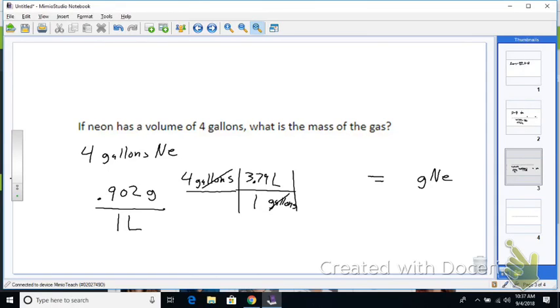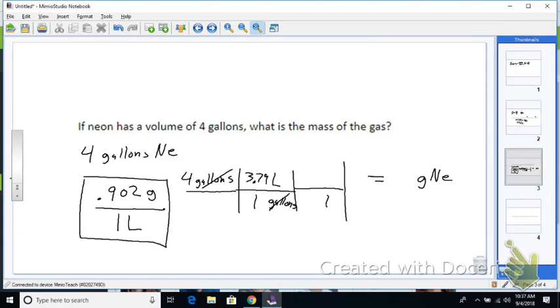Okay, so now I have liters, and this is a conversion ratio right here. This density is a conversion ratio, just like 100 centimeters to a meter. So you tell me what my next setup would be in which to get grams. We're trying to get to grams. So what unit should go down here?